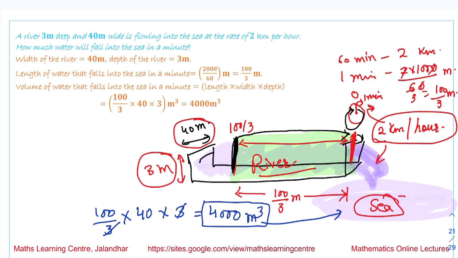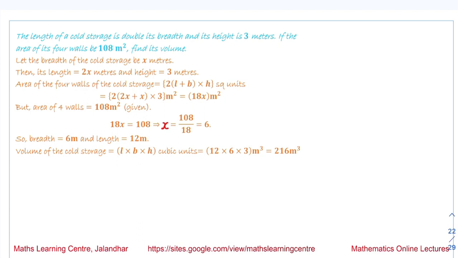Next we are given that the length of a cold storage is double its breadth and its height is 3 meter. So the value of h is given here. Suppose the breadth of the cold storage is x meters. Then its length is 2x meters and height is 3 meters.